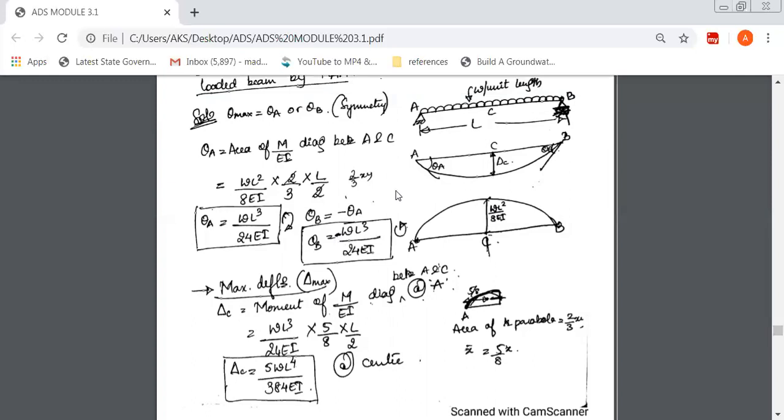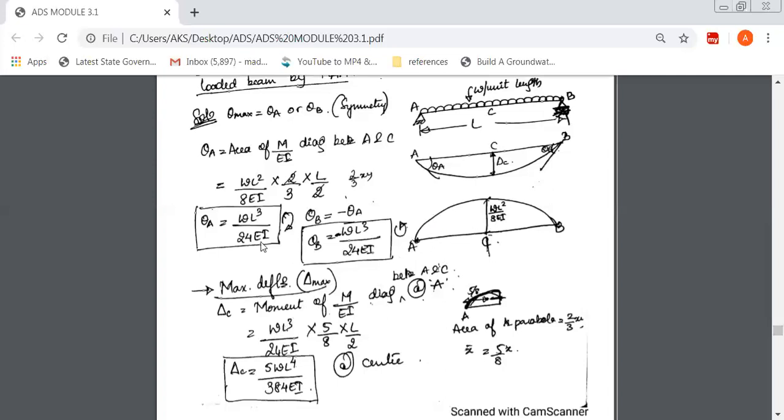It says that delta C is the moment of area of the M over EI diagram between A and C about A. Because it's a simply supported beam, we're finding the moment with respect to the support, so that's why we are taking the moment about A. In simple terms, delta C is the area of the M over EI diagram between A and C, into the CG distance about A.